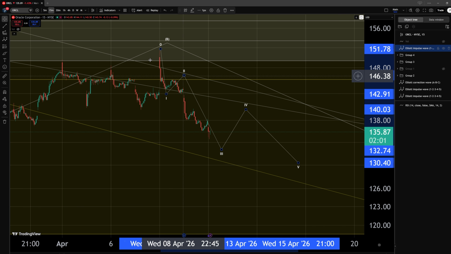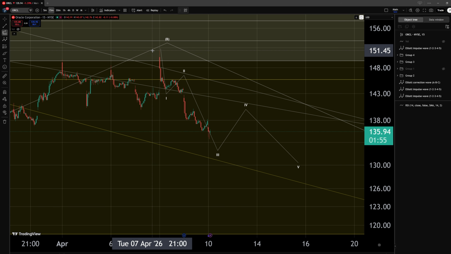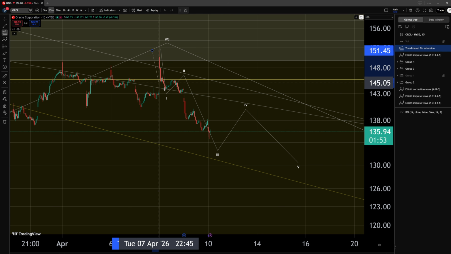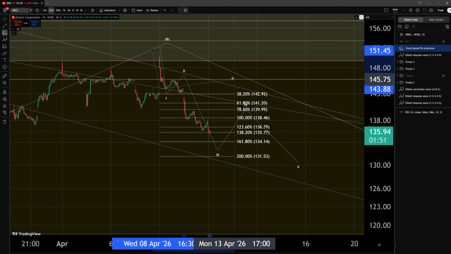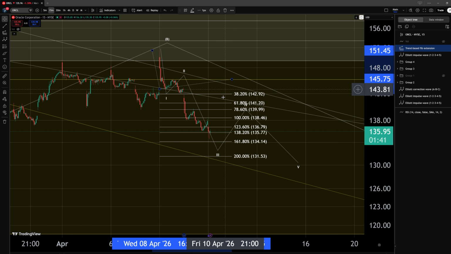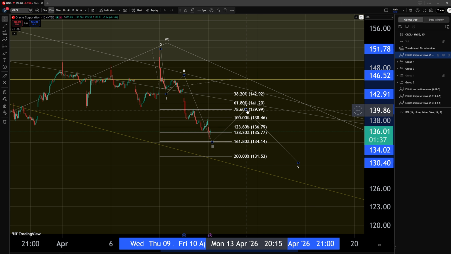So in this structure, once again, it is a wave C. We are tracking a 5-wave pattern, and we are looking for the wave 1 to have already formed a bottom in this initial push to the downside, and even the wave 3 has already achieved its ideal targets, right? It has pushed into the 138.2% extension of the wave 1, and now we are looking to see if we get a reversal in a wave 4 correction.